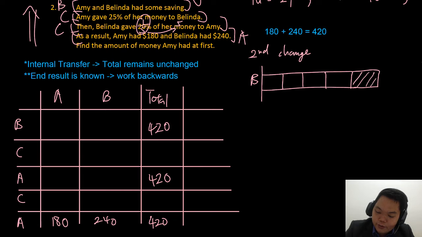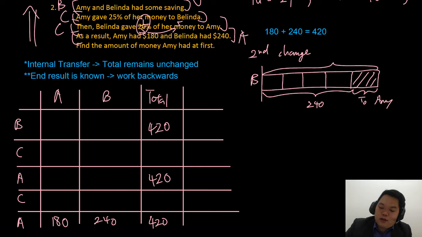And this part was given to Amy. So when this happens, Belinda will be left with these 4 blocks over here, which is going to be your $240. So the next question is, how much did Belinda have over here before she gave it to Amy? So this part, if you draw out the model, it becomes a lot more clear for you to see.